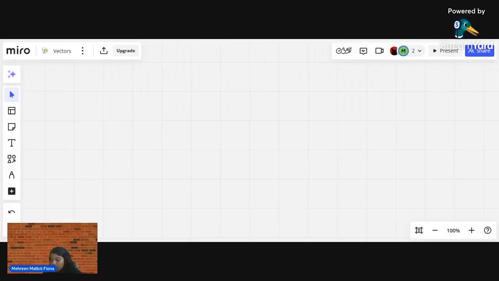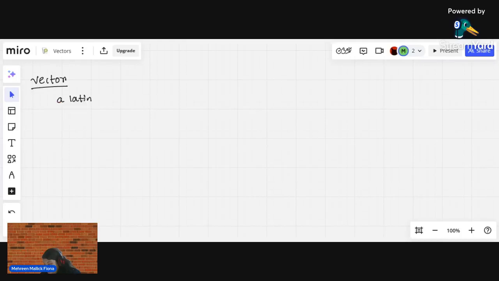But in case we are curious how the word vector came about, vector is a Latin word, and its meaning is to carry, or to act as a carrier of data or something.